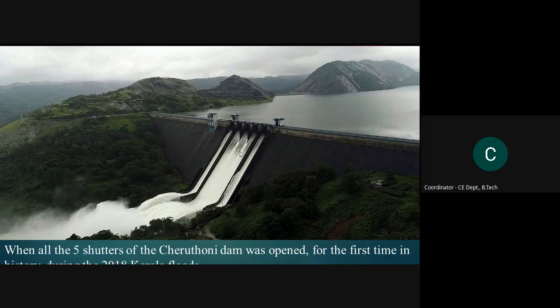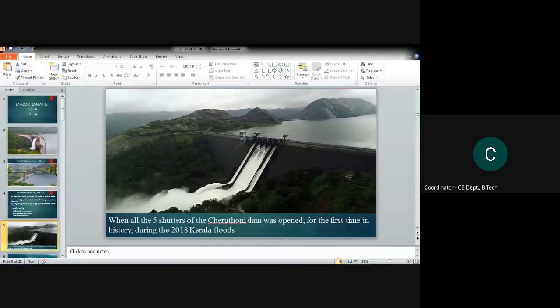So these 5 shutters have been opened 3 times since it was established. This is a very rare phenomenon to see in this dam, the open shutter scenario.